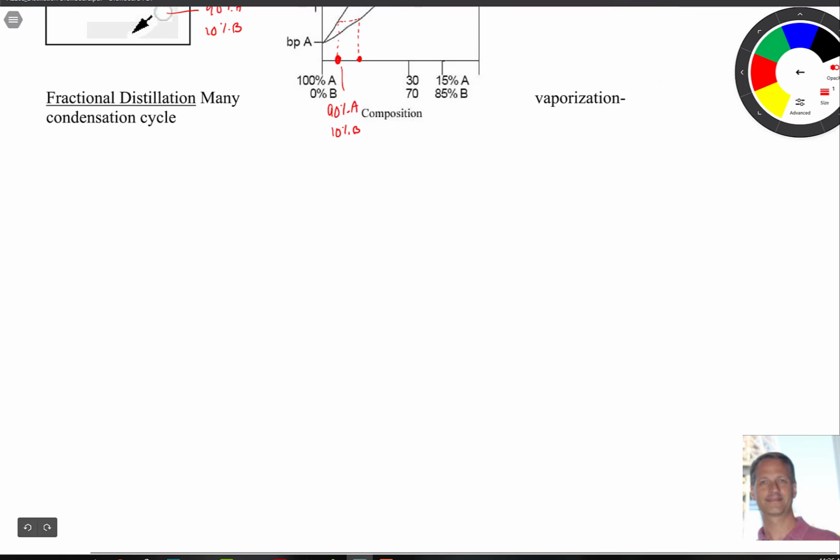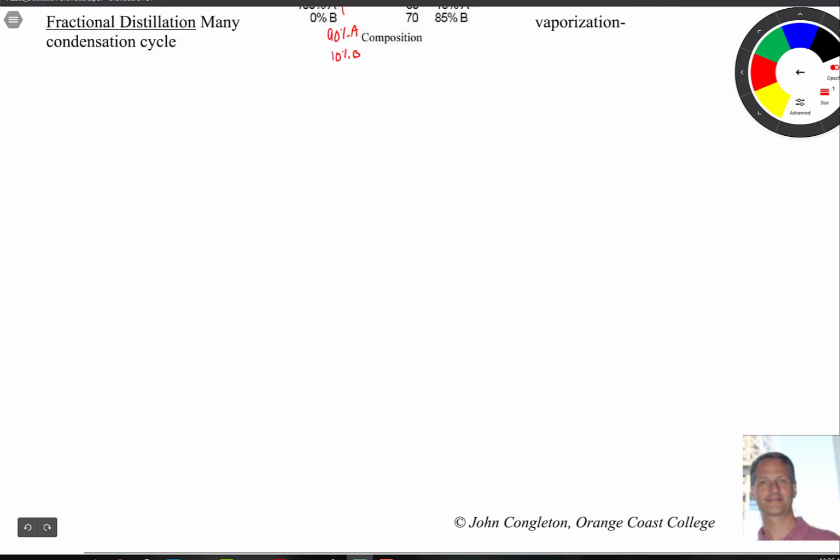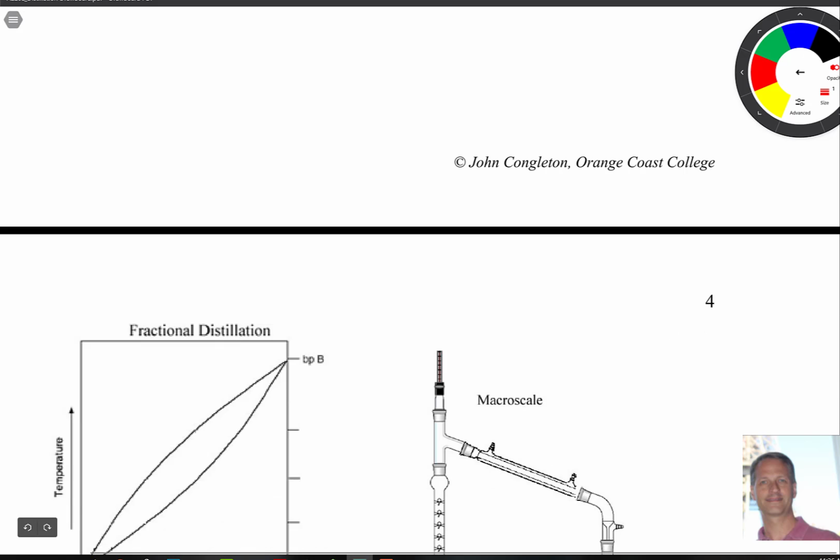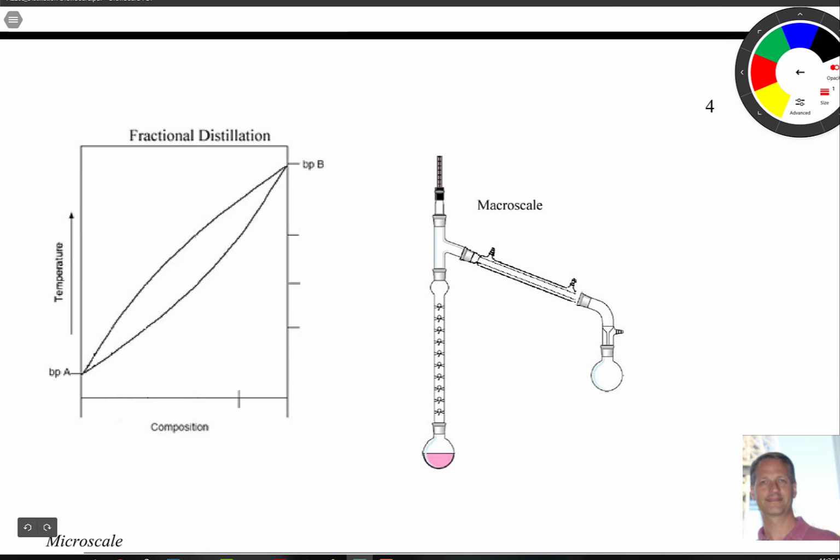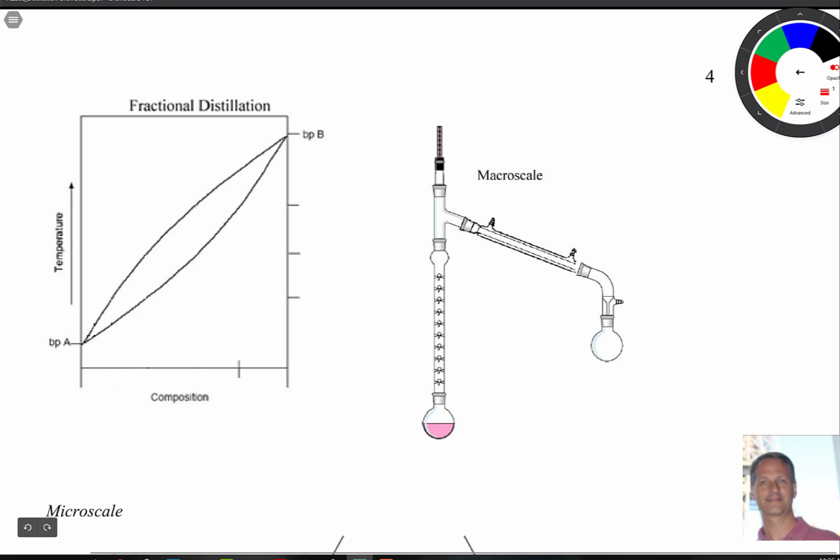Now, simple distillation tends to work really well if the boiling points of the compounds are very different from each other. If they get closer, then that separation has to be repeated over and over again. The distillation cycles have to be done over and over again.